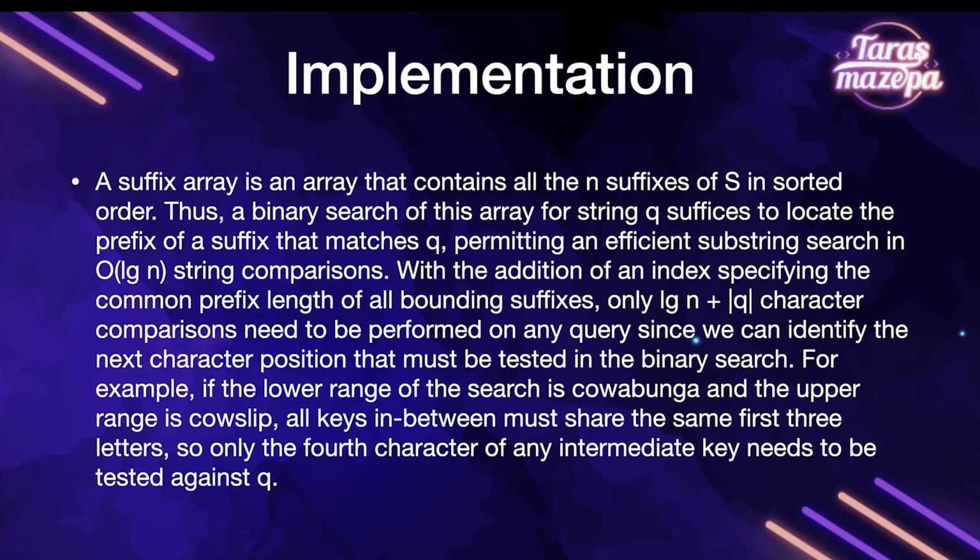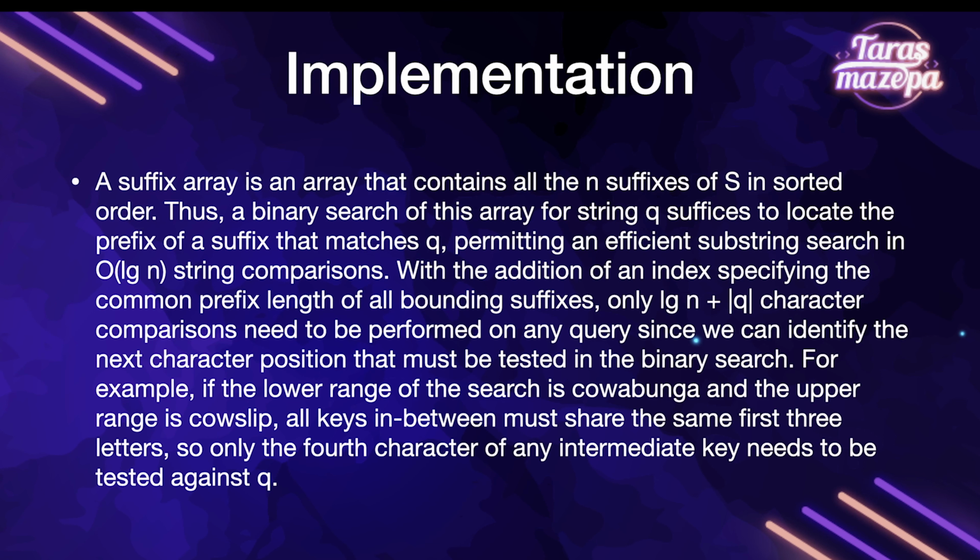With the addition of an index specifying the common prefix length of all bounding suffixes, only log n plus |Q| character comparisons need to be performed on any query, since we can identify the next character positions that must be tested in the binary search.